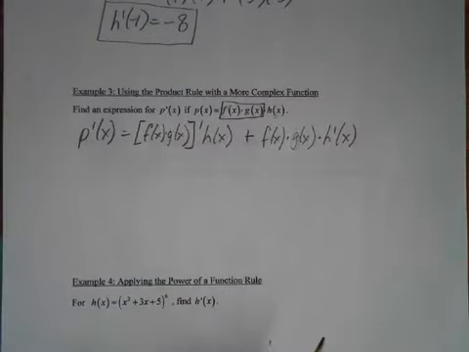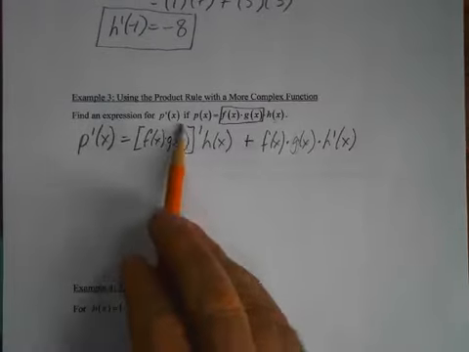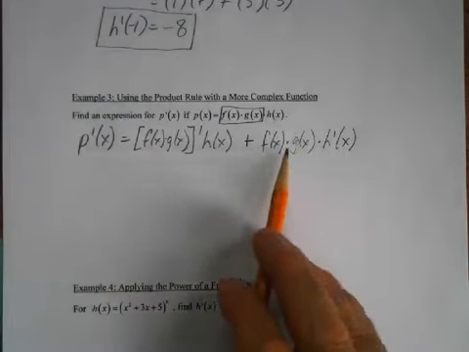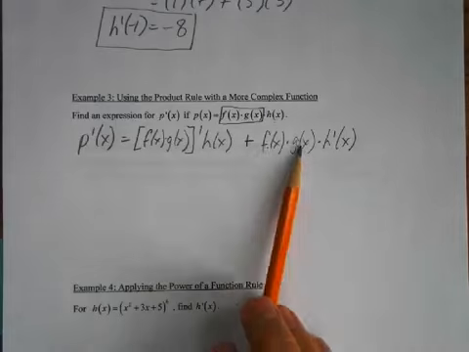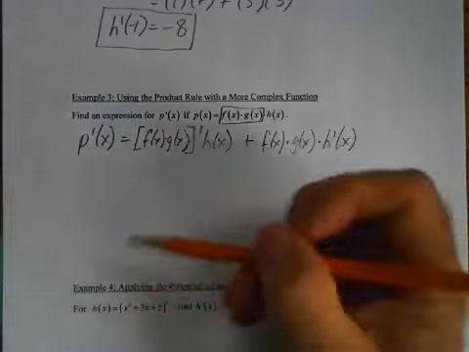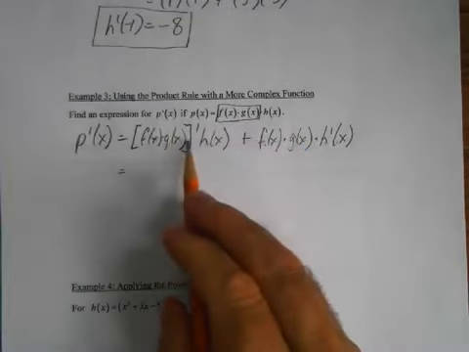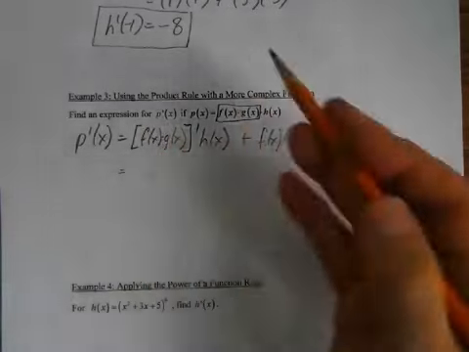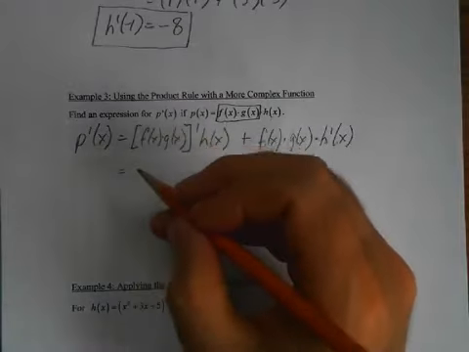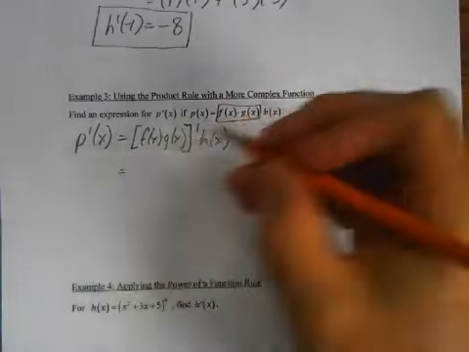Okay, so this looks pretty good. This seems like it's all done. This is f times g times the derivative of h, but I've got to do a bit of work on here. So this f of x times g of x, if I want to take the derivative of that, well, that's basically the product rule.